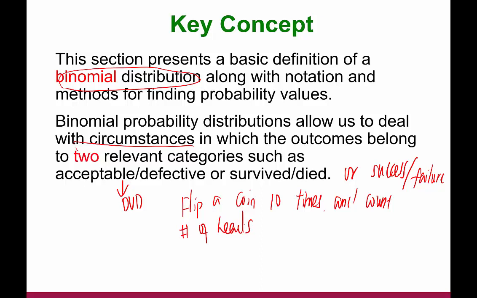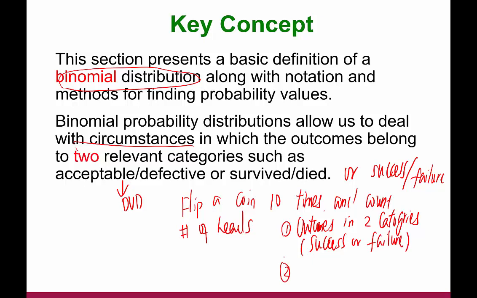Here we have outcomes in two categories: either you get a head or a tail. If you're betting on heads, that head is what we call a success, and tails are the failure event.